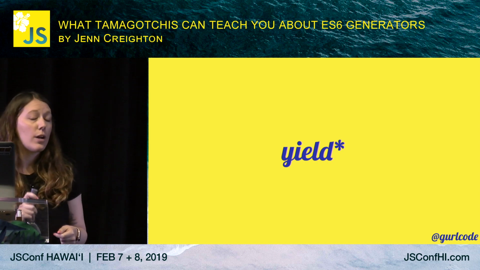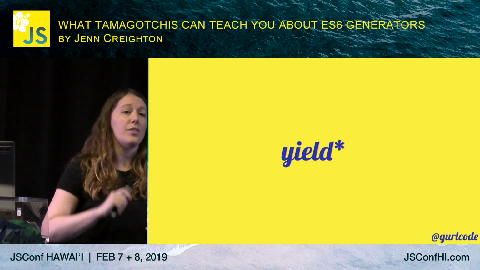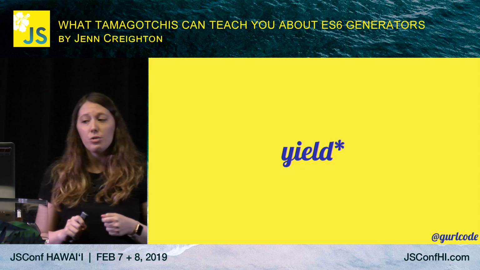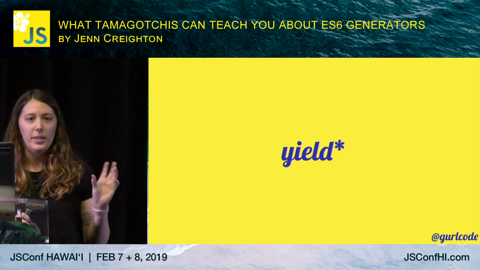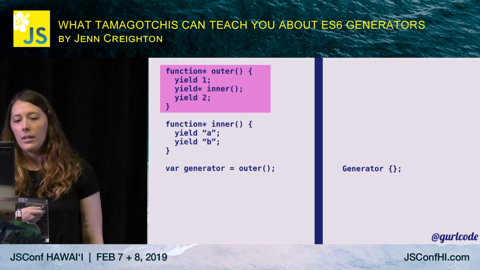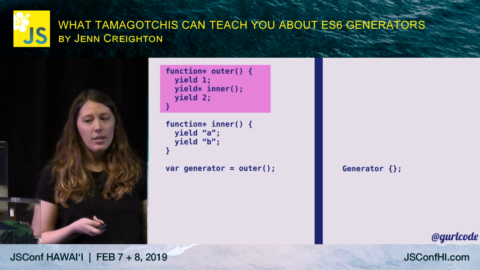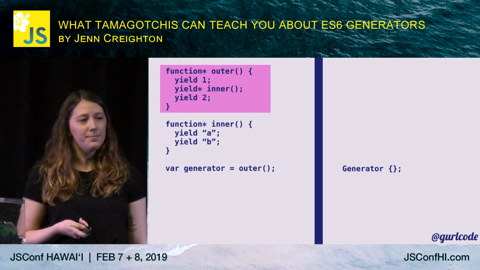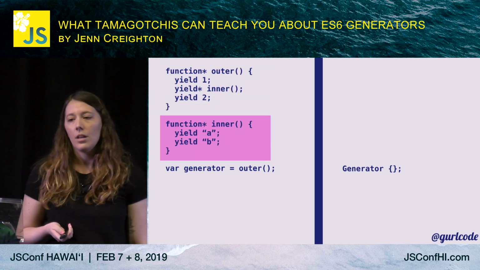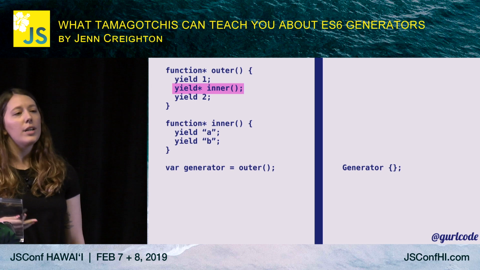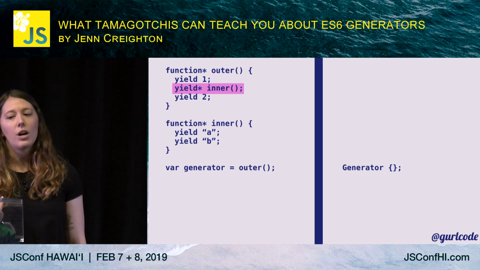Now, you can also run a generator from inside of another generator. And to do that, you're going to use the yield asterisk expression. I'm going to call it yield star because it's just a little bit easier to say. But to illustrate this, I have a generator function called outer and a generator function called inner. And you'll notice that outer is calling inner with the yield star expression.